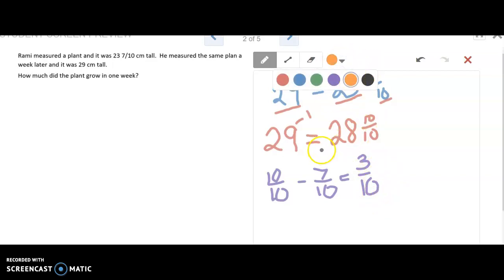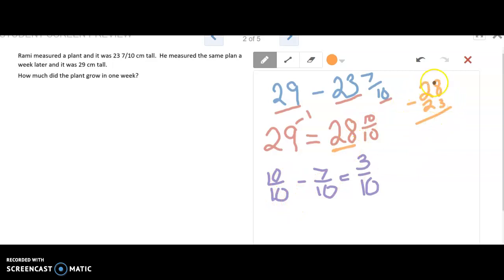I've got to go back up here now, and I've got to take a look at those whole numbers. Remember, I had the 28 and the 23. I need to subtract those two numbers. And I'm using 28, remember, because I regrouped from 29 and made it 28 and 10 over 10, and I already used my fraction part down here.